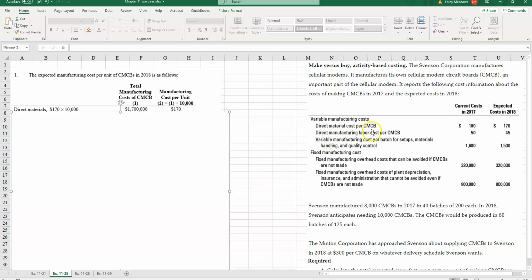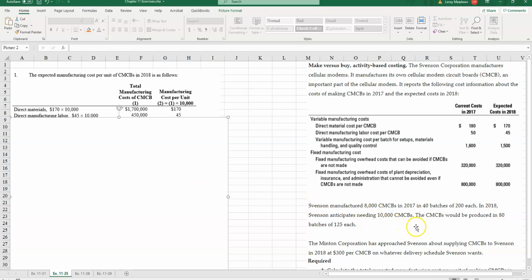Now let's take a look at direct manufacturing labor cost per CMCB. Next year, I expect to spend $45 per unit. So how much is that on a total level? I take my $45 of direct labor per unit times the 10,000 units, and that's going to get me $450,000.